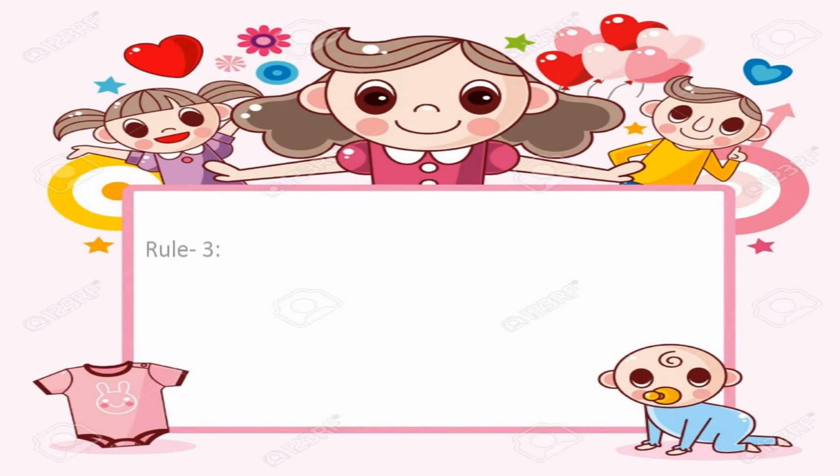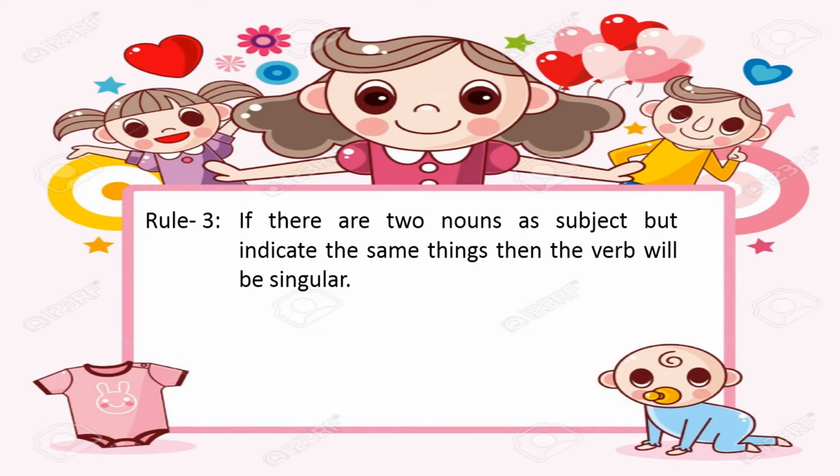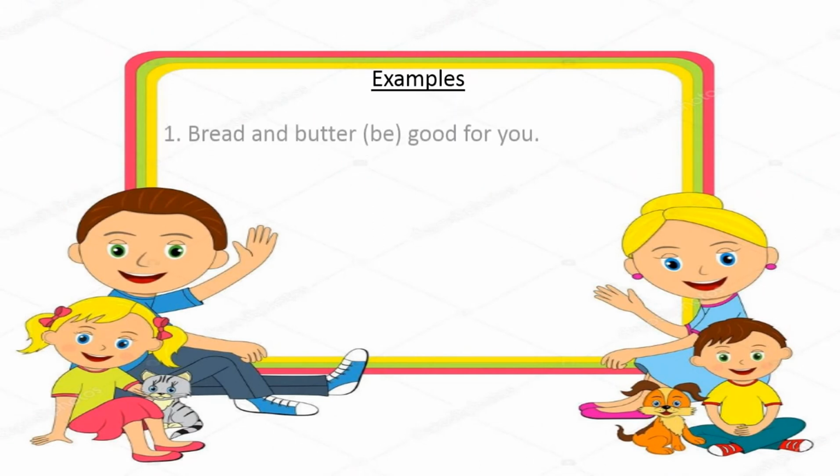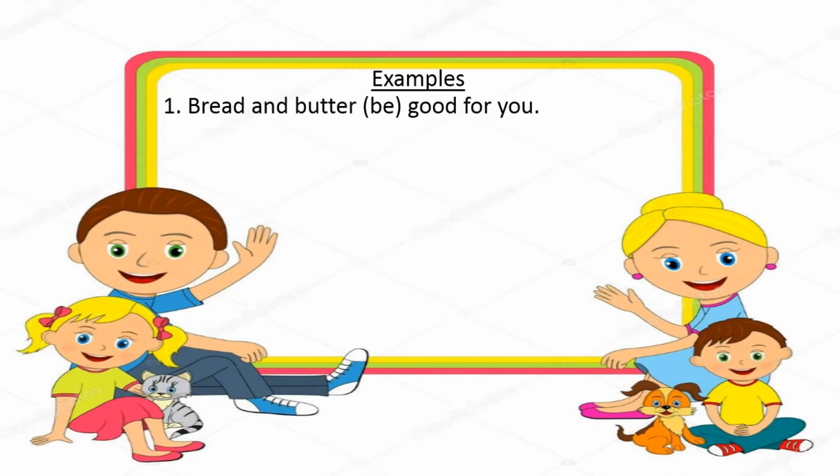Okay, so let's see rule number 3. If there are two nouns as subject in a sentence, but they indicate the same thing, then the verb will be singular. Let's see some examples here. Bread and butter (be) good for you. That is, bread and butter indicates the same thing.